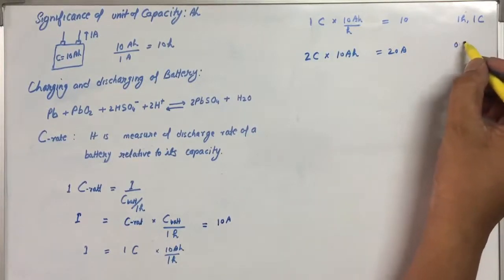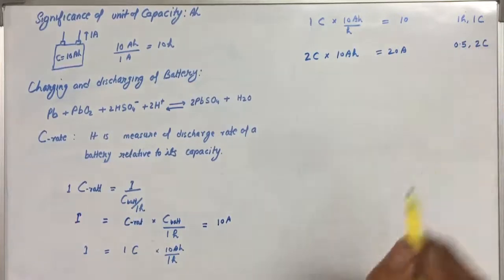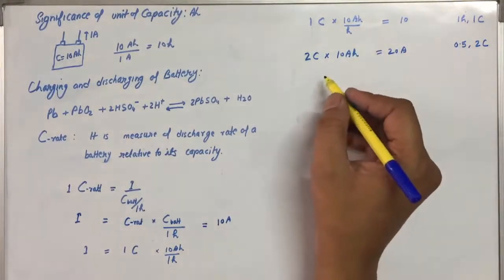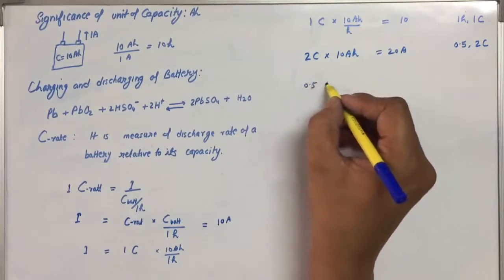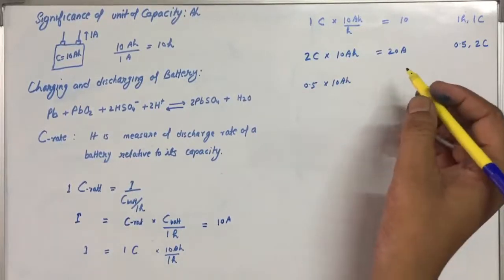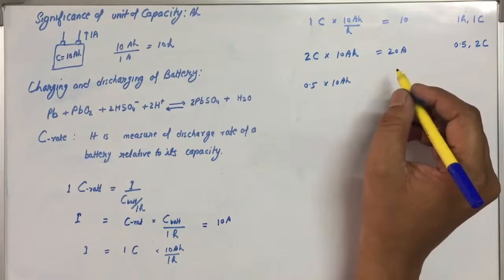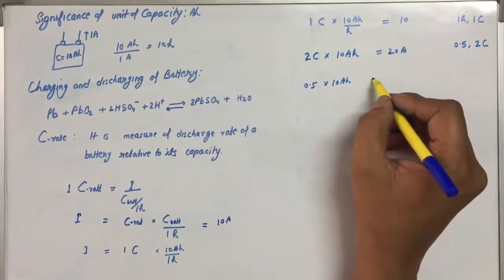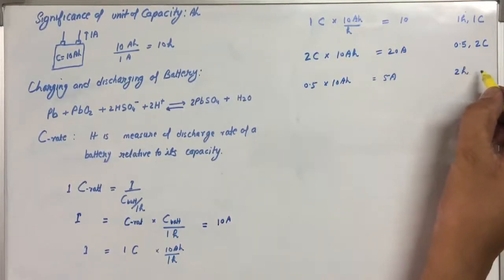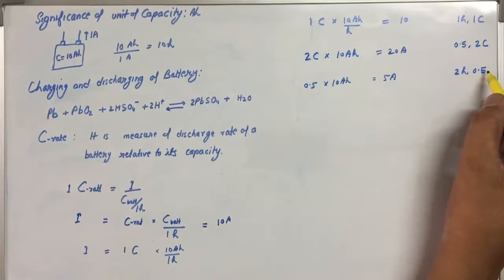So we can say for half an hour, C value 2. And similarly, a C value of 0.5 for a 10 ampere hour rated battery corresponds to a discharge current of 5 ampere for 2 hours. So the discharge current will be 5 ampere for 2 hours when the rating of the battery is 10 ampere hour, and that will be 0.5 C value.